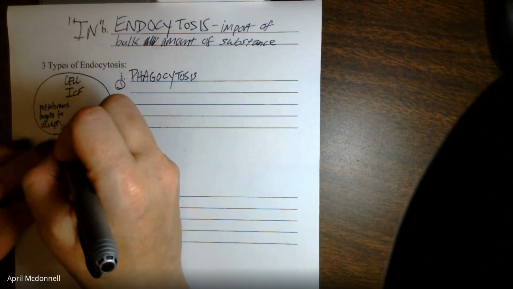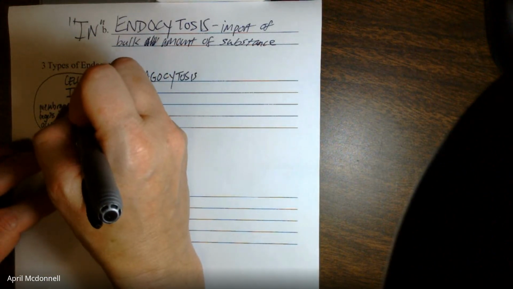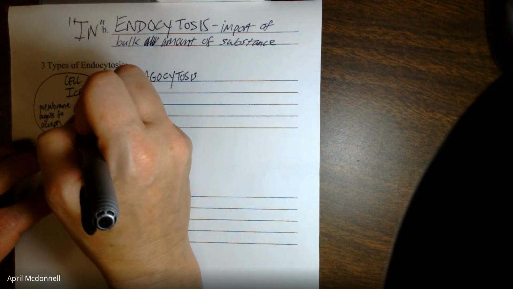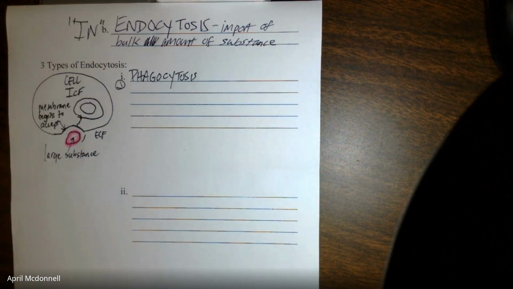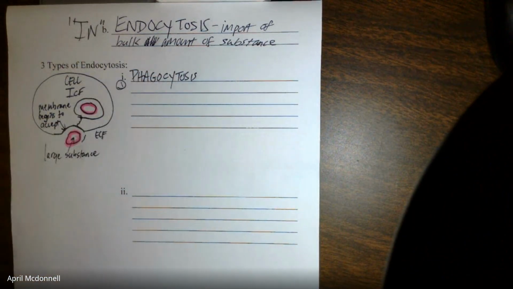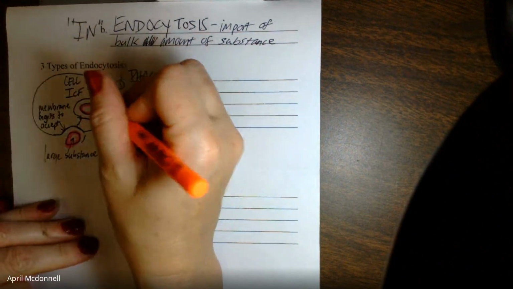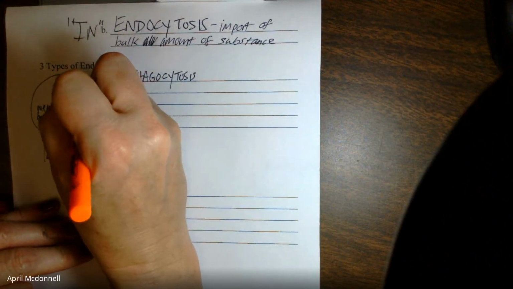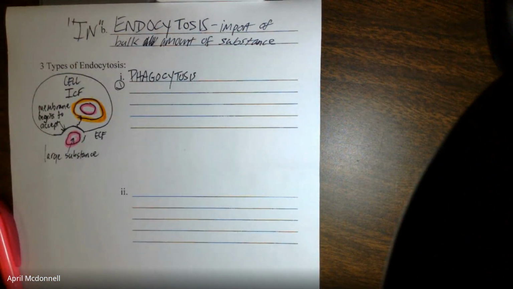This indentation will eventually become the vesicle that will completely surround that large, bulky substance. And it will become a vesicle now containing that large, bulky substance. So here's that large, bulky substance, and the vesicle is formed. This is what happens during part of our immune system.